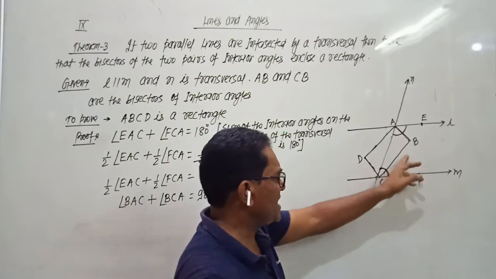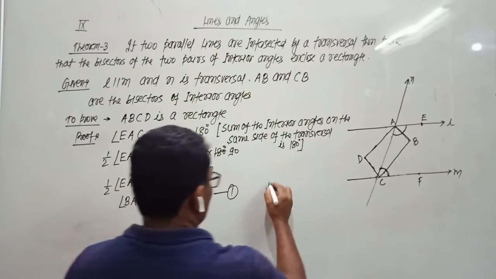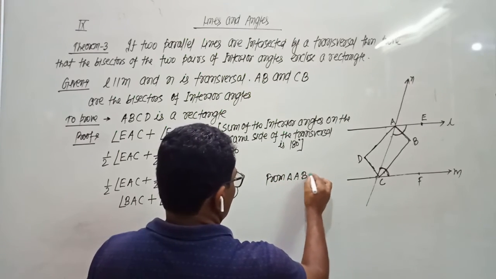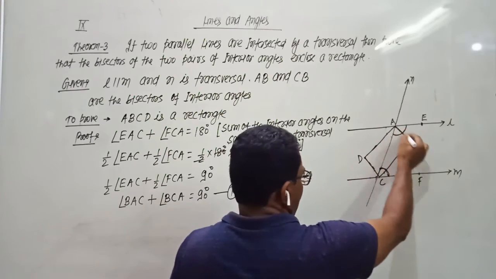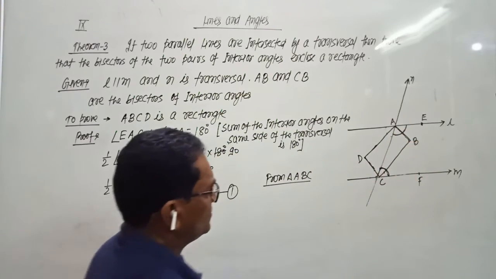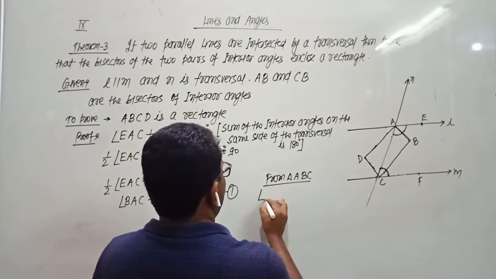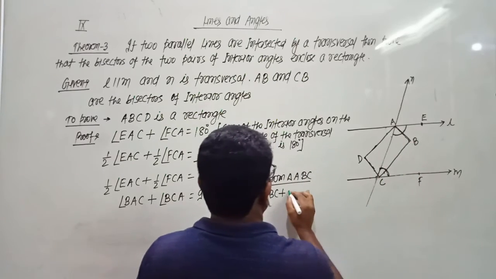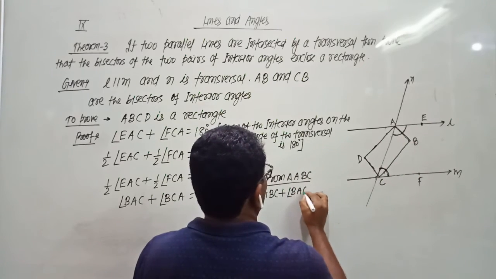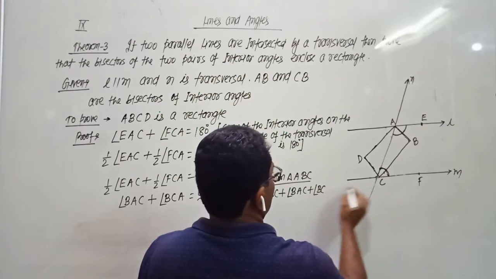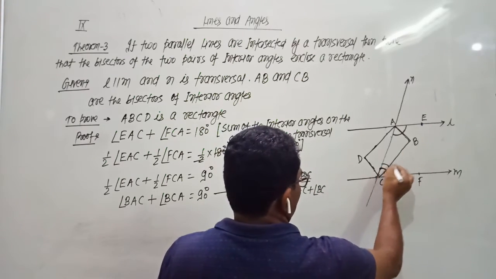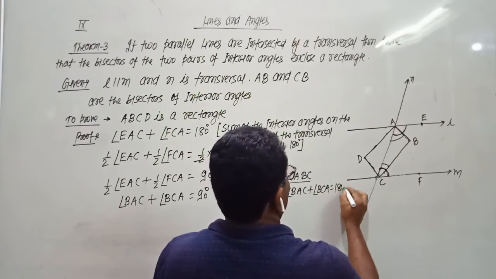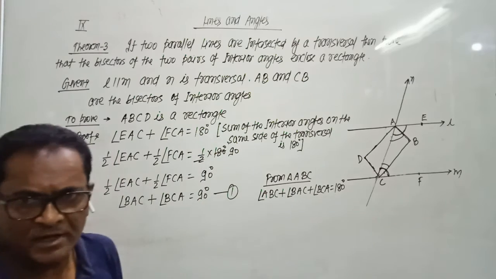Now from triangle ABC, we can write angle ABC plus angle BAC plus angle BCA equals 180 degrees by the angle sum property.